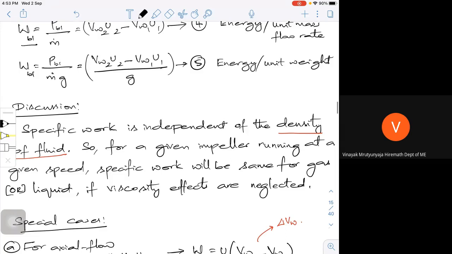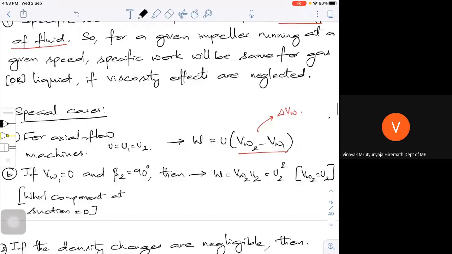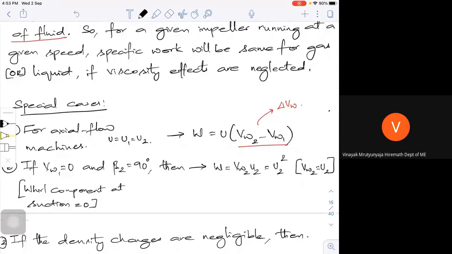Okay. Now, there are certain special cases. In the case of an axial flow machine, yesterday I was showing that we cut open along the circumference. In that case, we take the mean diameter. So when I go for a mean diameter, U1 and U2 will be the same, because it is pi dm n by 60, that is, mean diameter.